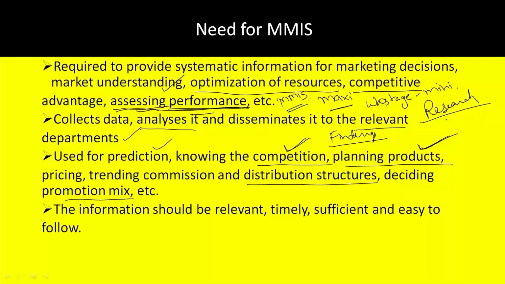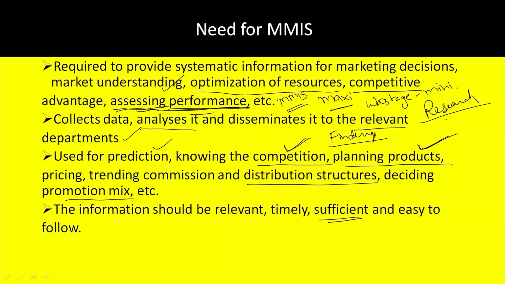So, the marketing management information system provides information, okay. Now the information has to be relevant, the information which marketing managers need. More than that is a wastage of resources. With lesser information, the right decision cannot be taken by marketing managers, because they do not have the information needed to take the decision.